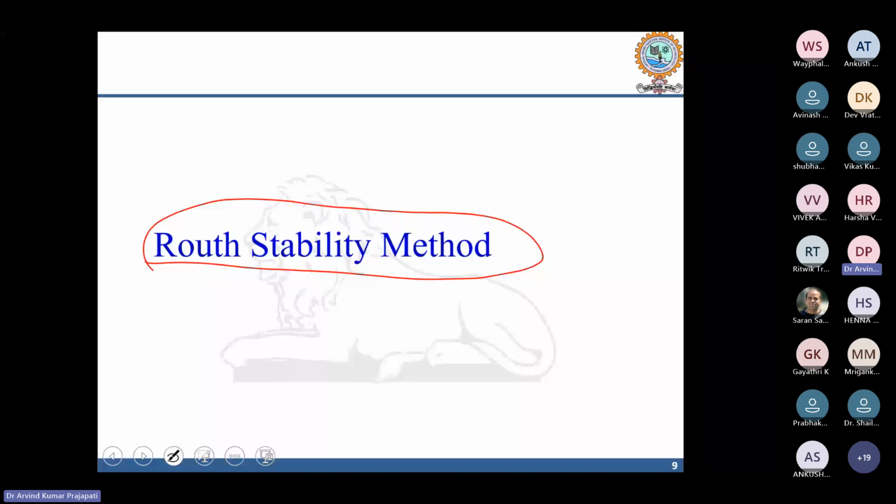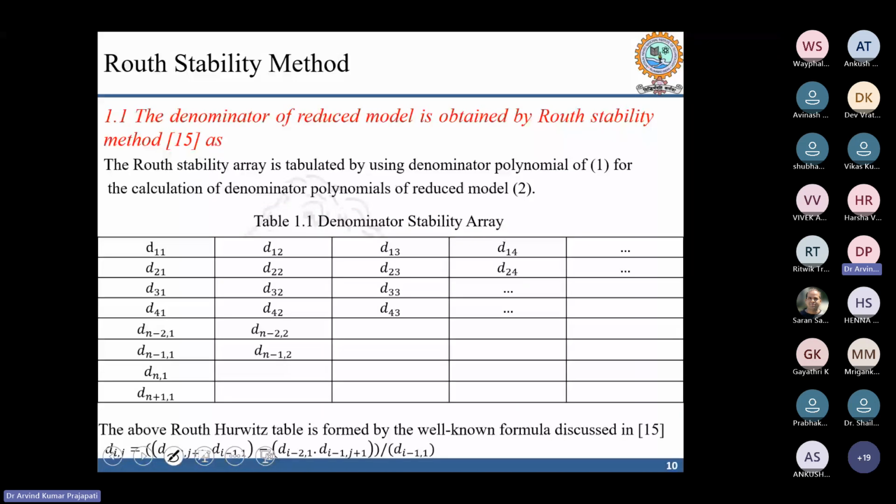First we will apply the Routh stability technique, or the Routh recursive formula, by constructing the denominator's stability table. The denominator of the higher order system will be given. From the given higher order, large scale system, we will make two rows of the Routh table by using the denominator polynomial.